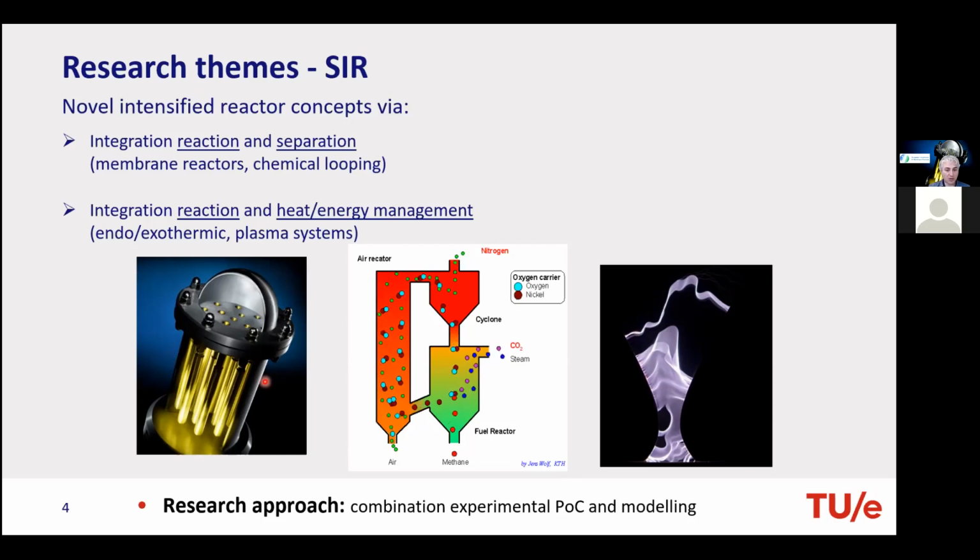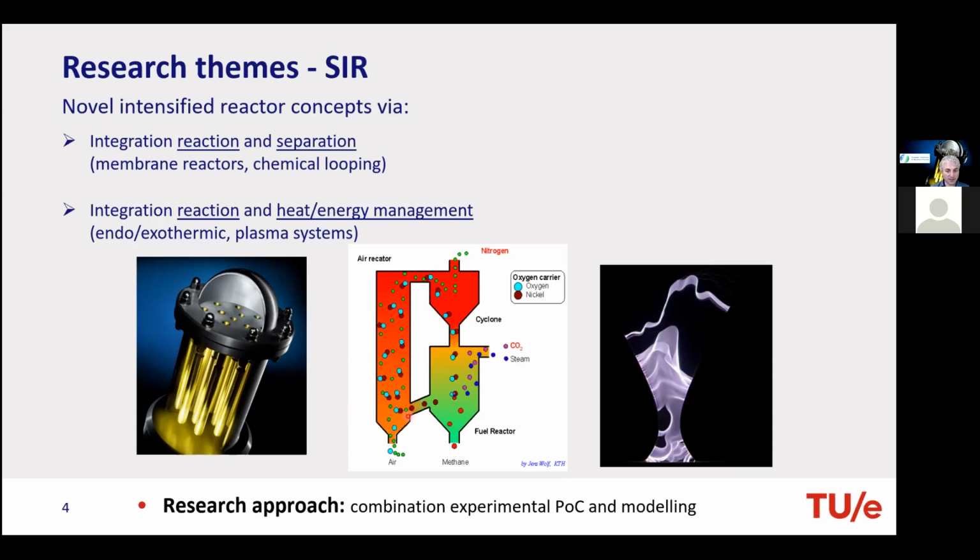We work also on other types of reactors like chemical looping, which is another integration of reaction and air separation in this case. So I use a metal, and this metal reacts with oxygen in the air. So it's oxidized, and you know that oxidation of metal is always exothermic. So you produce heat, and then you can use this heat to drive a reaction like steam reforming.